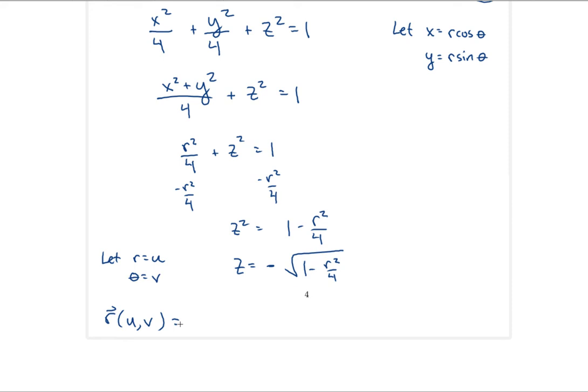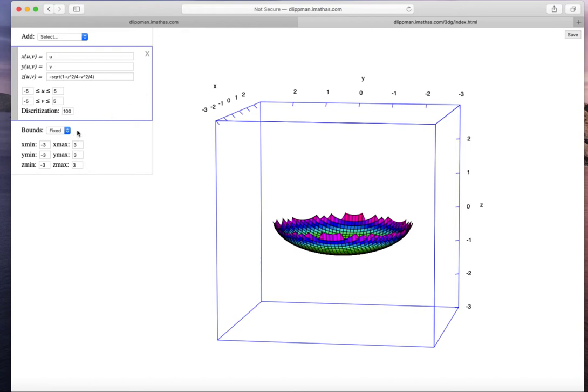So we're going to have, for the x, u cosine of v, u sine of v for the y, and then for the z, it'll be this formula we came up with here, negative square root of 1 minus u squared over 4. So there's an alternative parameterization of this surface. So let's go punch that in and see what we get.